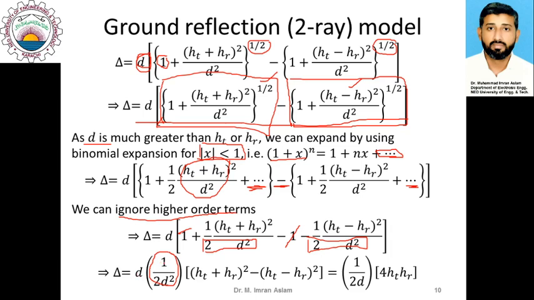So this would be d into 1 upon 2d square, and we would end up with these two whole squared terms, ht plus hr whole square minus ht minus hr whole square.